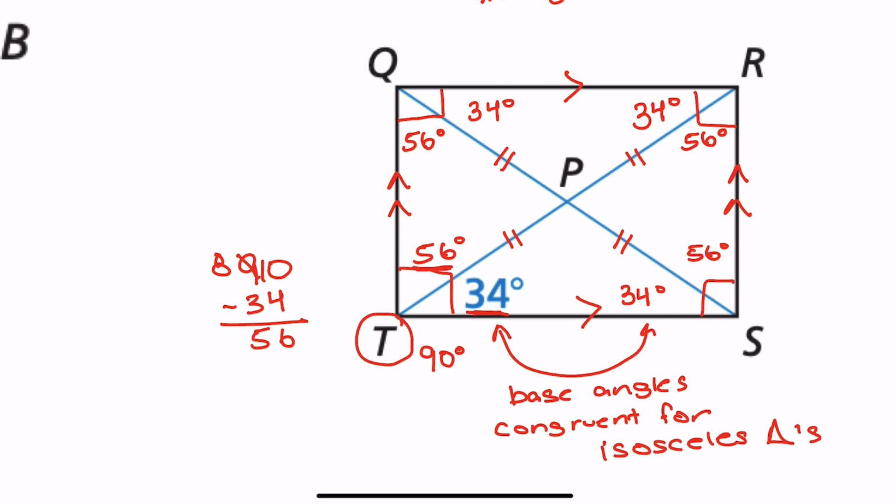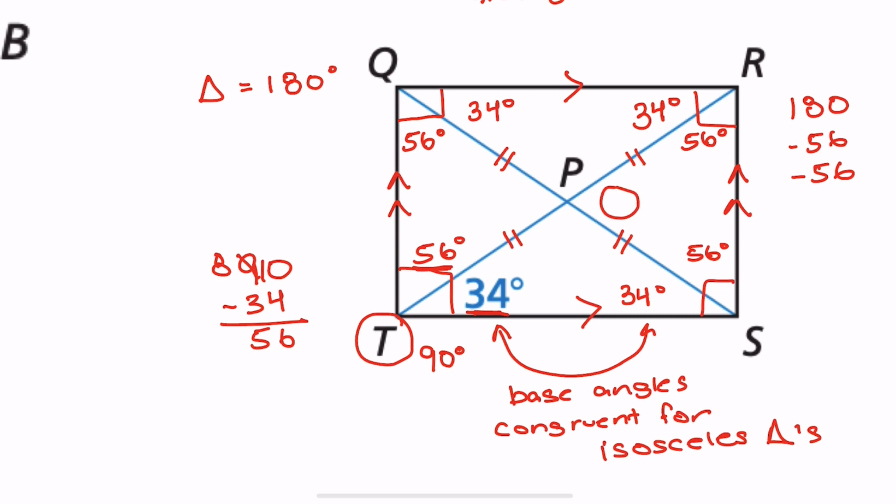Lastly, because I have all of these triangles, I know that in a triangle, all the angles need to add up to 180 degrees. So if you notice, I have 2 angles for each triangle, which means if I subtract 56 and 56 from 180, I can get their missing measure.